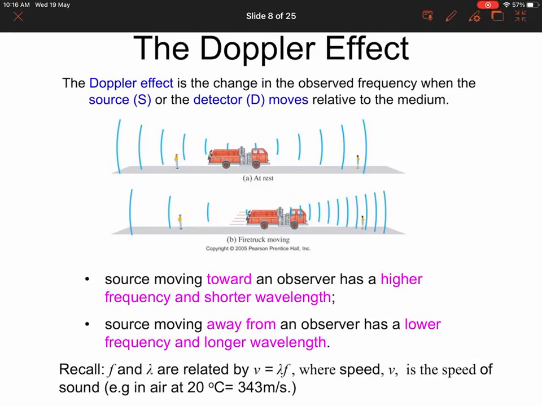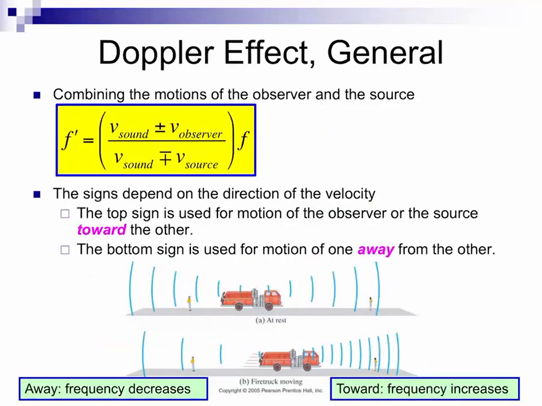Cool. So if we wanted to quantify the frequency, like what is the new frequency if the source or the observer are moving, then we have this equation that will help us solve what the new frequency is.